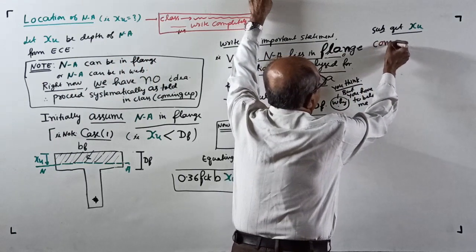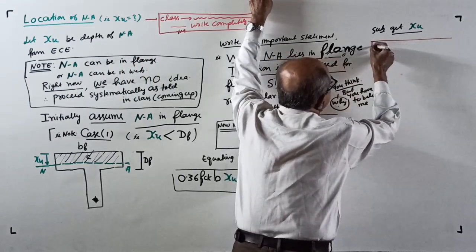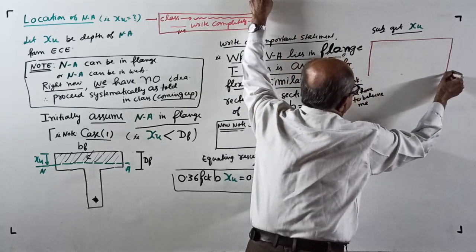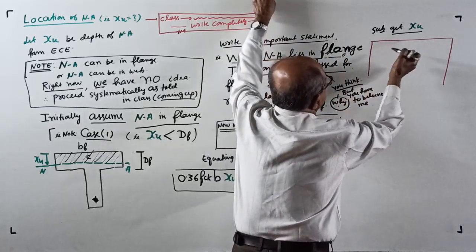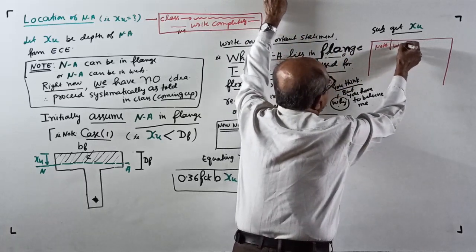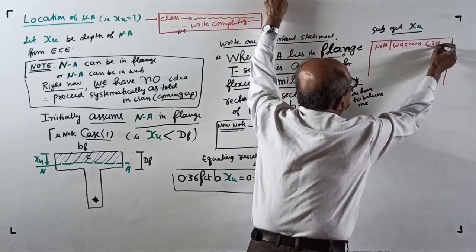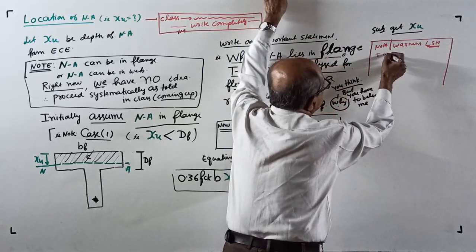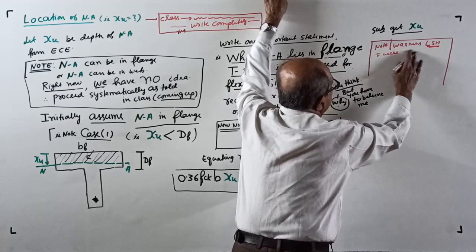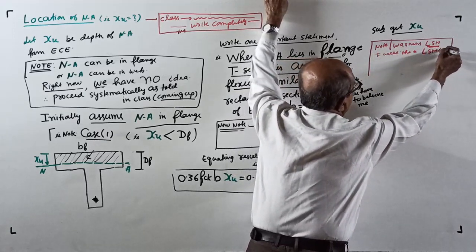In future I will use a red color box. Once you get xu, note: in future I will call this the limit state method warning.